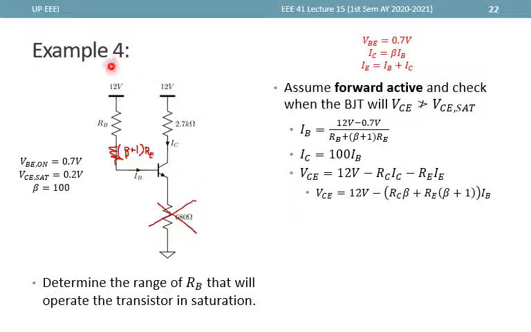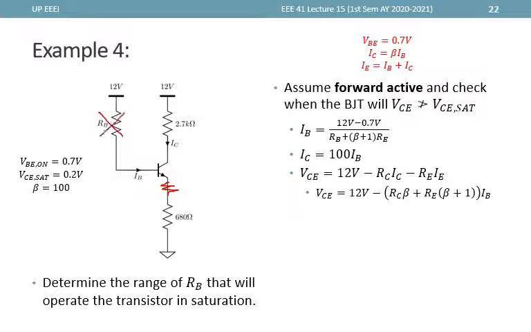Although, of course, this circuit is not equal to the original circuit, from the point of view of RB, it sees a resistance that is beta plus 1 larger, and on the other end, this 680 ohms resistor actually sees a resistance that is beta plus 1 smaller.